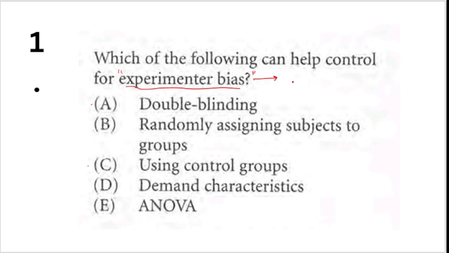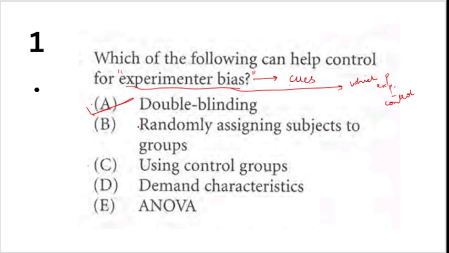It is given in the form of non-verbal cues and gestures. So the experimenter should not really know which person belongs to the experimental group or which person belongs to the control group, right? So we can use double blinding, where the participant and the experimenter both have no clue about it.